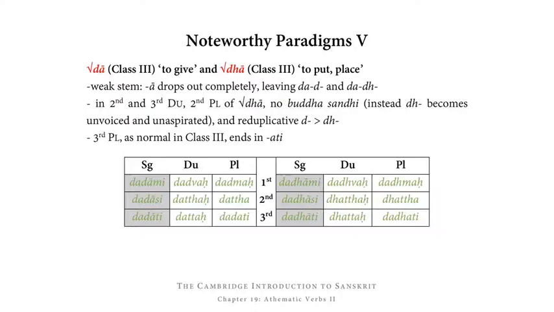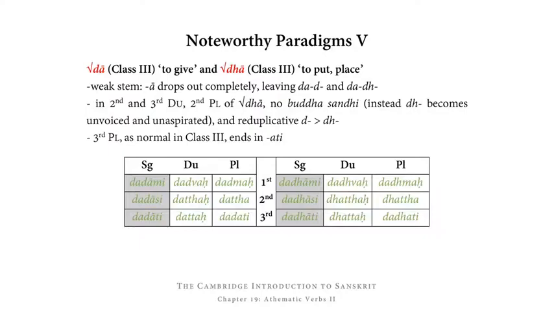Let's move on to two class 3 verbs, namely da, to give, and dha, to put or to place. Now these are class 3, and so to form their stem, they reduplicate, giving us dada and dadha. Remember, aspirated consonants reduplicate without their aspiration, and so it's not da-da, but da-da.